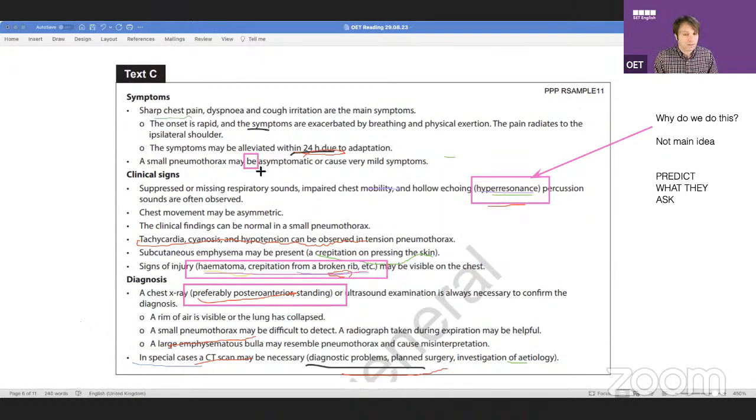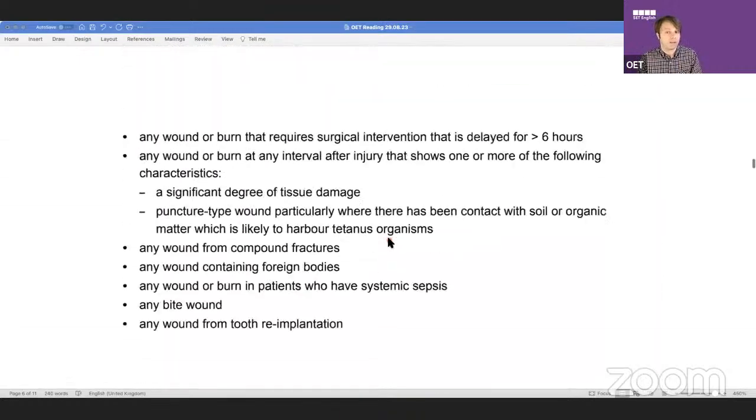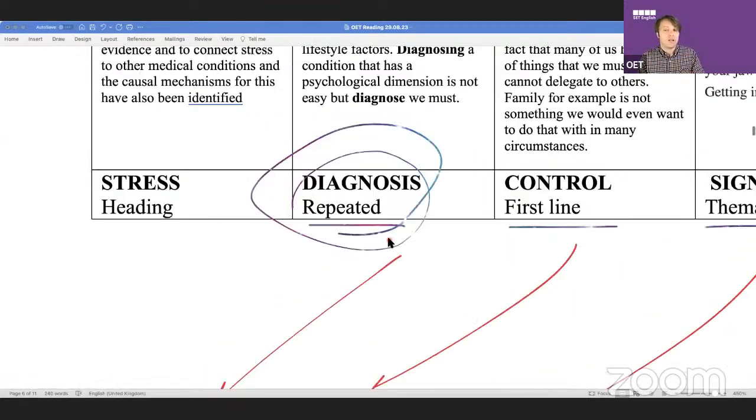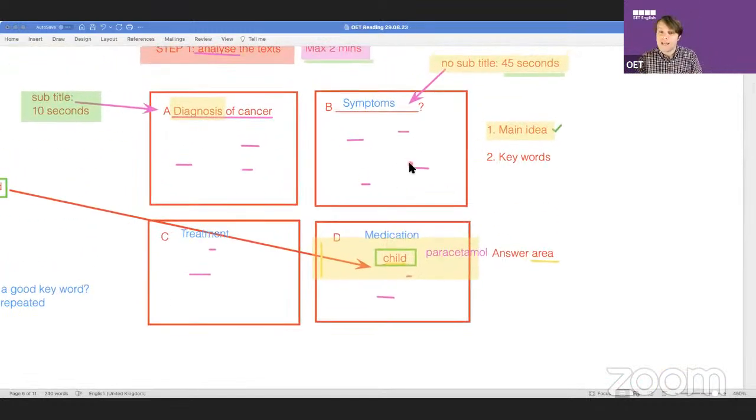Why not? I have a question, please. Hajara, go on, please. Where do we underline the keywords? Is it after analyzing the questions? It's as part of the same thing, okay? So just to come back to this again, it's very important. You've got 2 minutes. Now you're going to find the main ideas and underline at the same time.